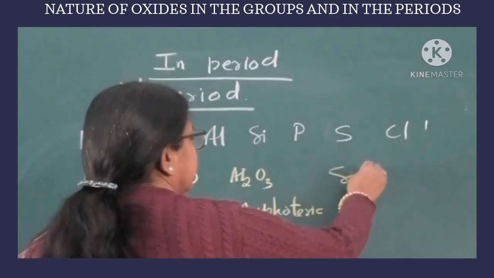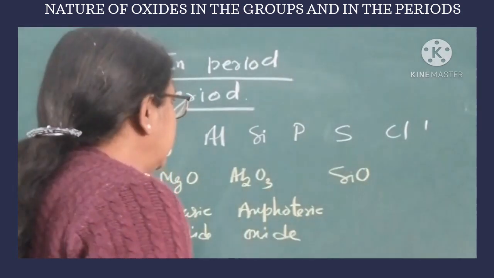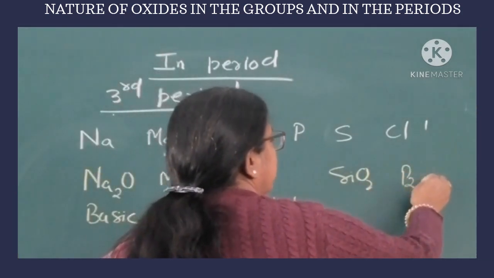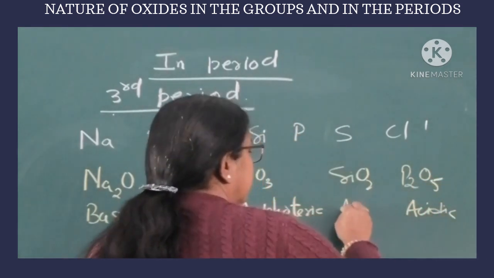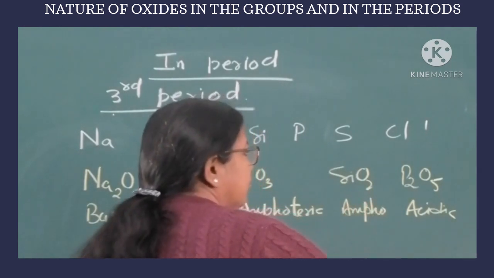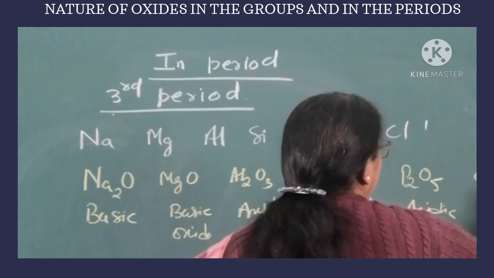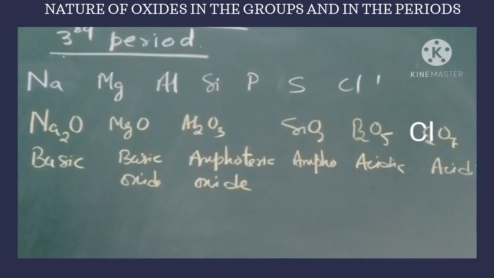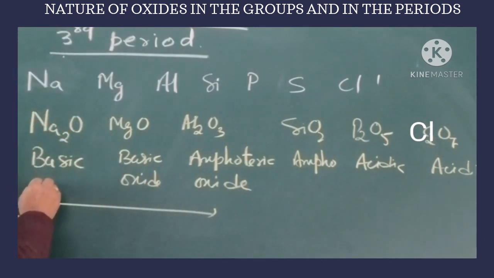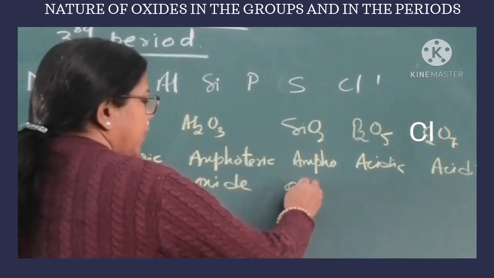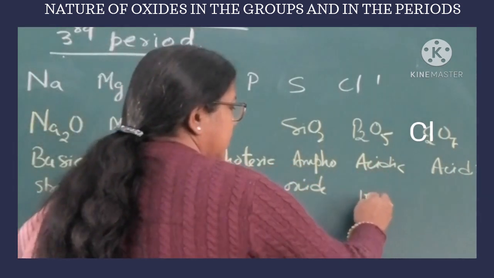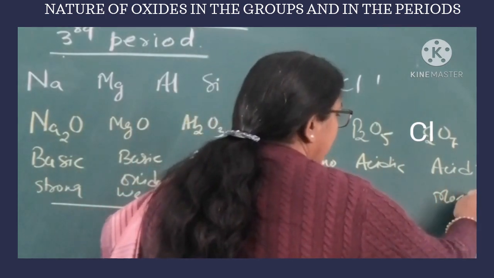Silicon oxide is also amphoteric in nature. Phosphorus P2O5 is acidic. And Cl2O7. That means on moving from left to right, this is a strong base, this is a weak base, this is amphoteric, this is also an amphoteric oxide, less acidic, and this is more acidic.